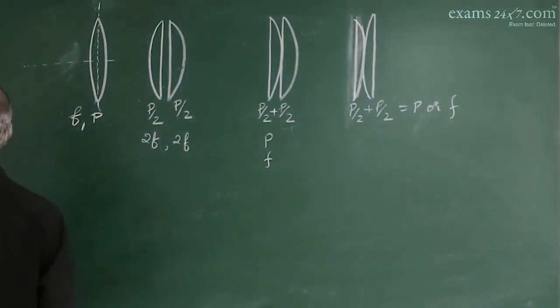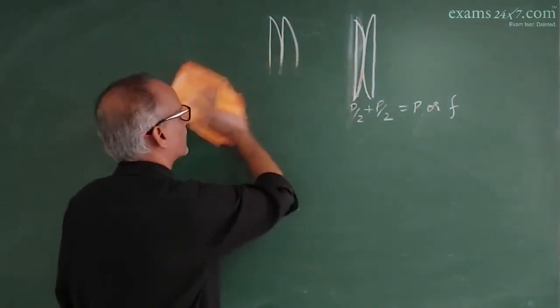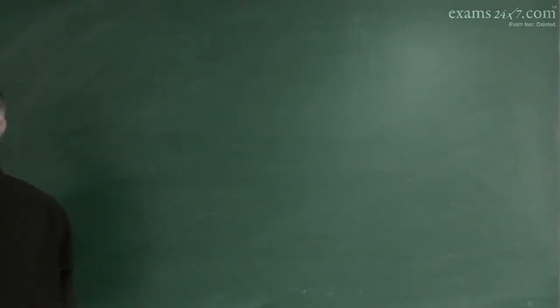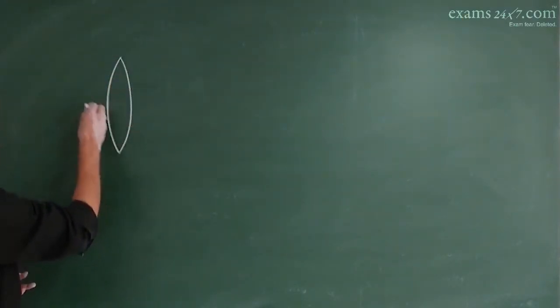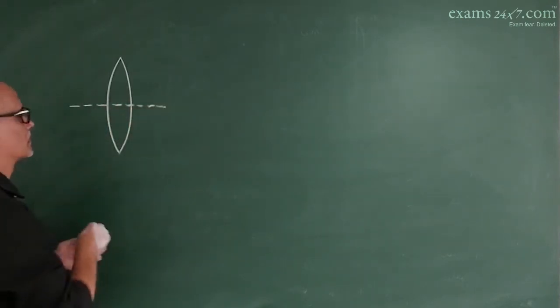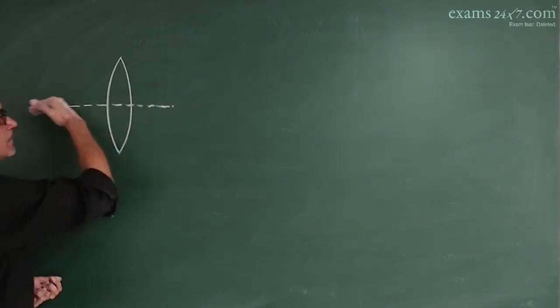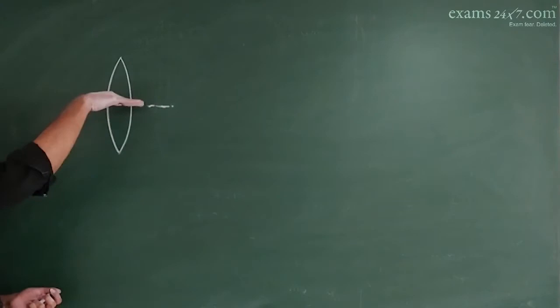So we have one more similar situation where a lens is cut. The lens is cut along the plane of the principal axis. It's cut like this. So this is the principal axis.